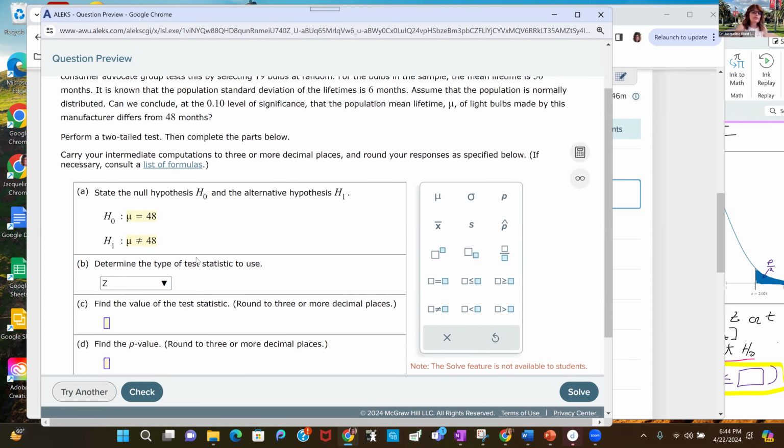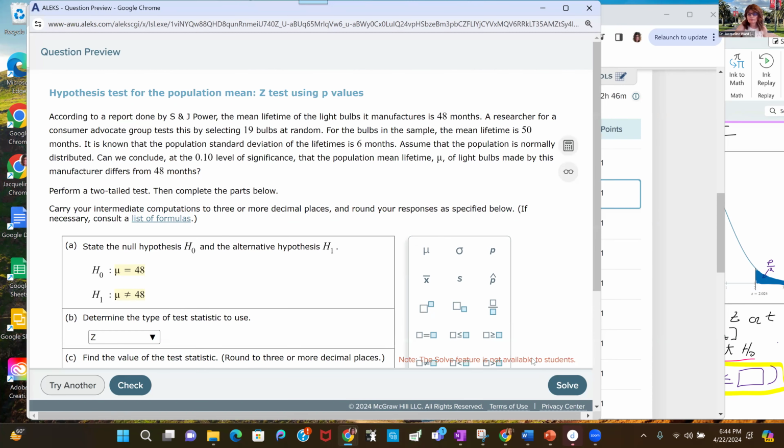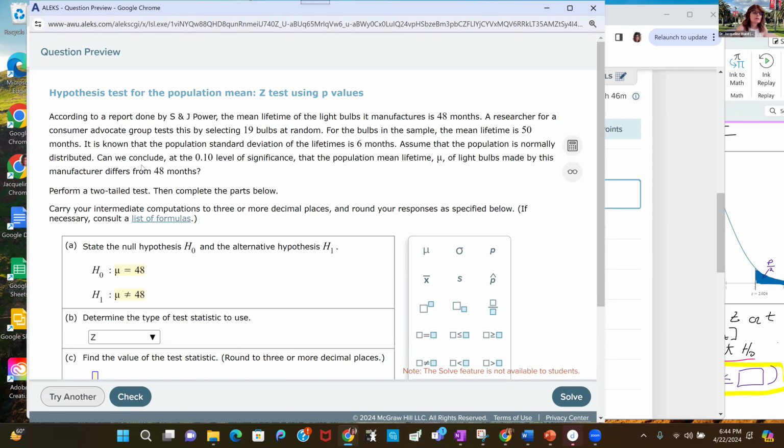Okay, find the value of the test statistic. So the value of the test statistic is x bar minus mu over sigma divided by the square root of n.